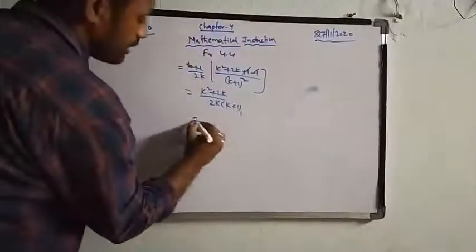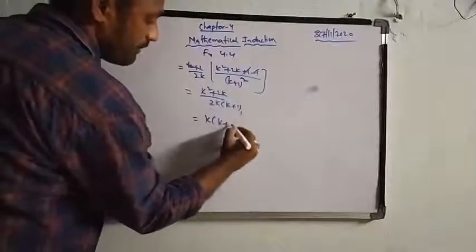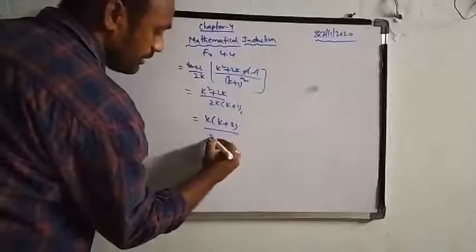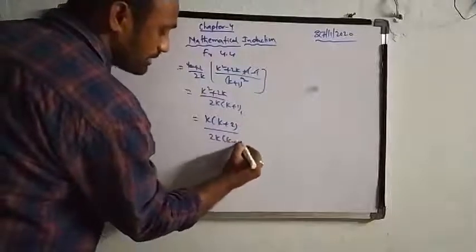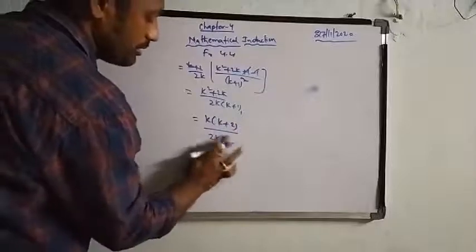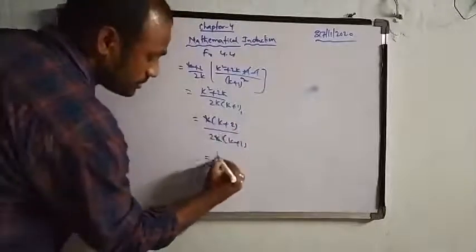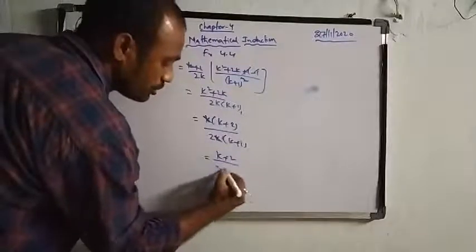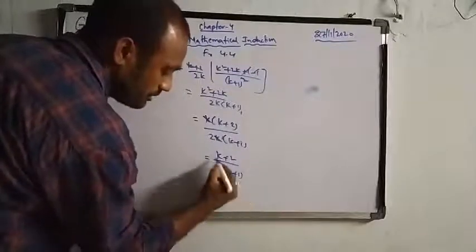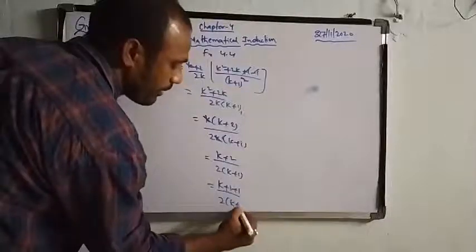In these two I can take k as common. So the left terms are k(k+2) divided by 2k(k+1). K gets cancelled. So that is (k+2)/(2(k+1)). This k+2 can be written as (k+1)+1 by 2(k+1).